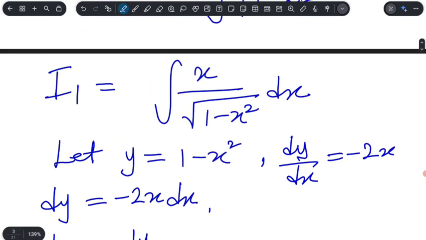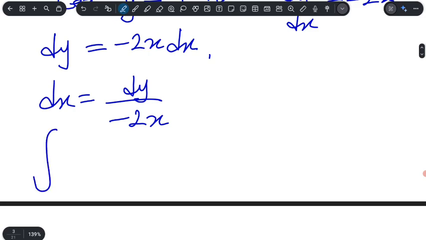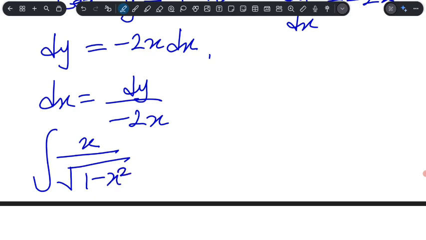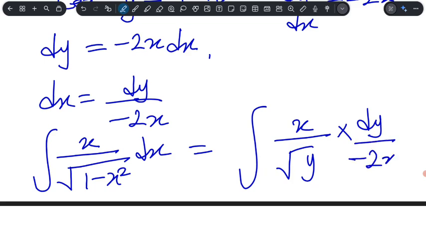Recall, in this equation, I1 is equal to the integral of x over the square root of 1 minus x squared dx. Let's substitute back to have x over the square root of y multiplied by dx, which will now give dy divided by minus 2x.